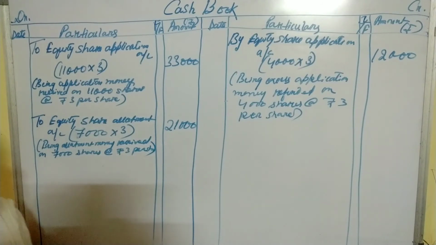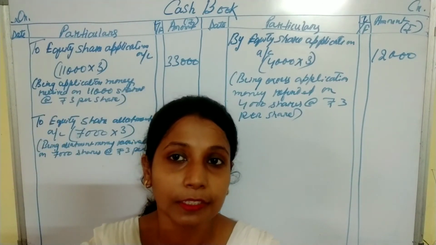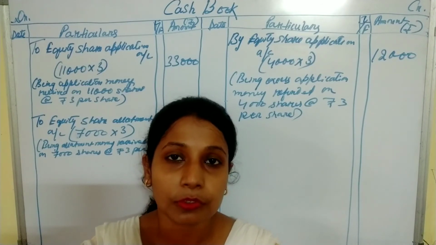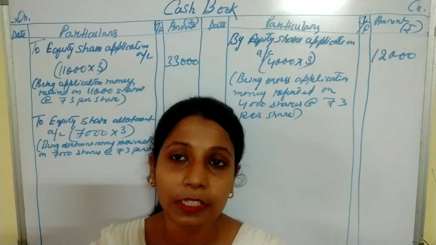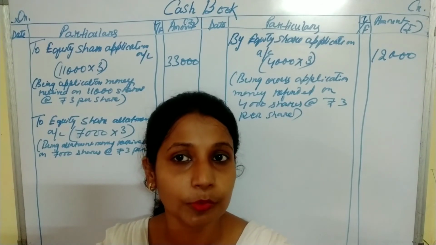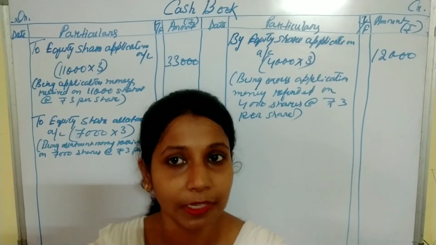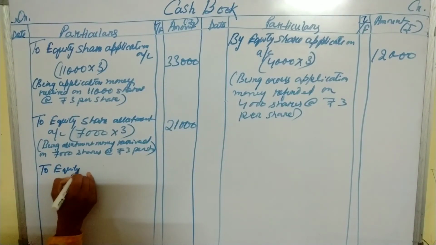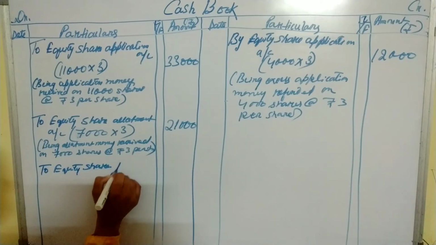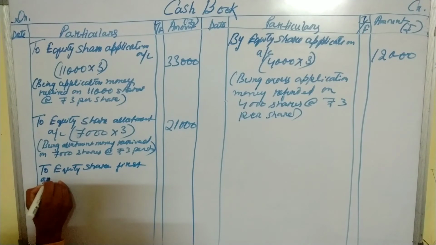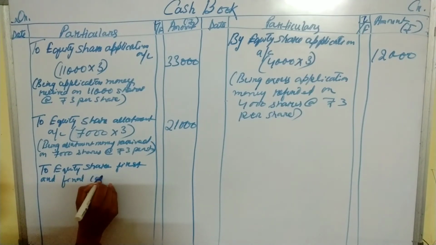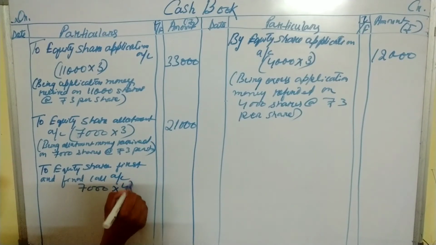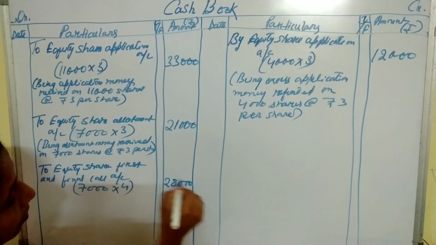Okay. Now, the next journal entry is making first call money due. So, that entry we have recorded in the journal. Here in the cash book, we will write the receipt of first and final call money. Okay. Write this one. To equity share first and final call account. So, what was the numbers of shares? 7,000 multiplied, the rate is 4. 7,000 multiplied by 4 is 28,000.